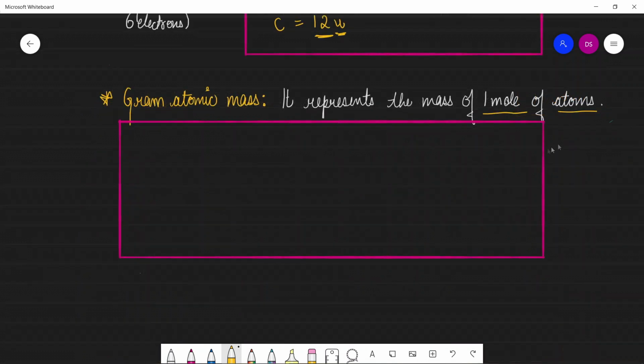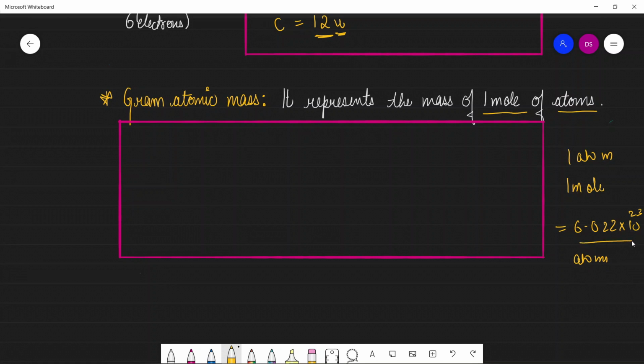Now we are going to discuss gram atomic mass. Gram atomic mass is the mass of 1 mole of atoms. Atomic mass was the mass of 1 atom. Gram atomic mass is the mass of 1 mole of atoms, that means 6.022 into 10 raised to the power 23 atoms.